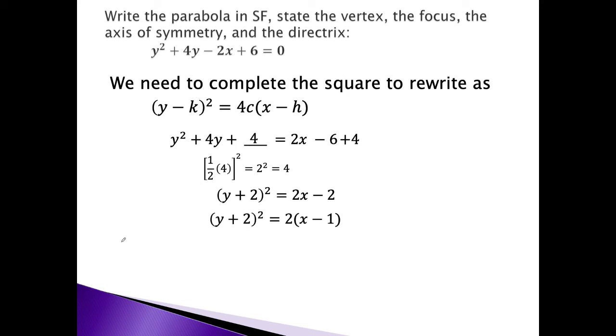Factoring out the 2 on the right side, we have y plus 2 quantity squared equals 2 parentheses x minus 1. This tells us that 4c equals 2, so c equals 1/2.